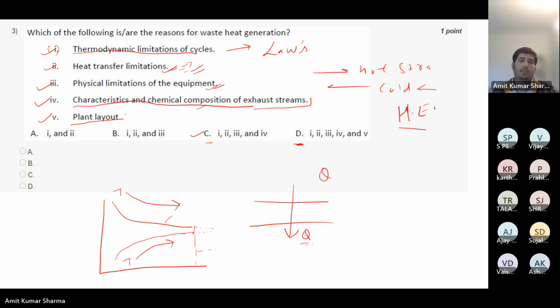So that will be a main reason for waste heat generation. So plant layout is also an important point. So the correct option will be D, 1, 2, 3, 4, and 5. All options are correct, and all options are reasons for waste heat generation.